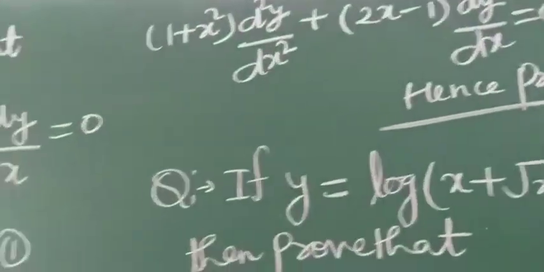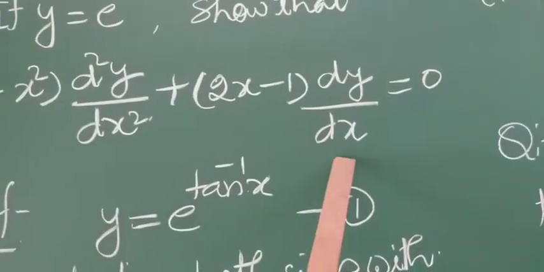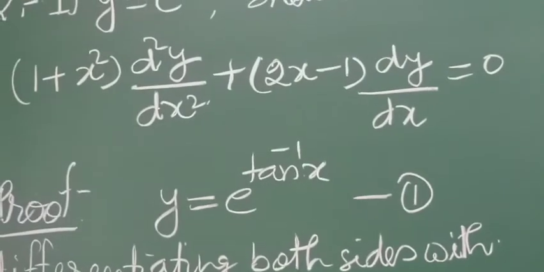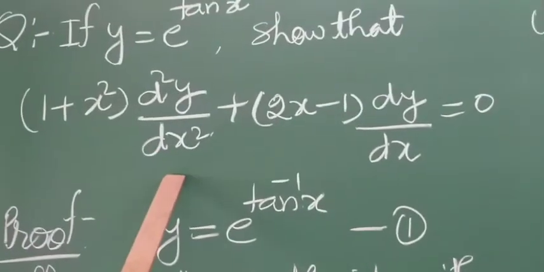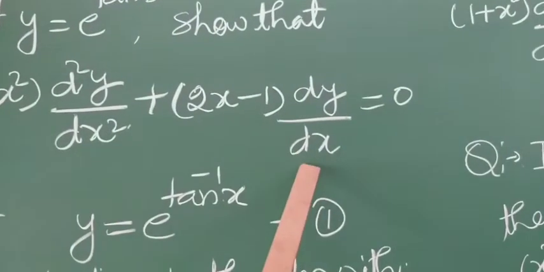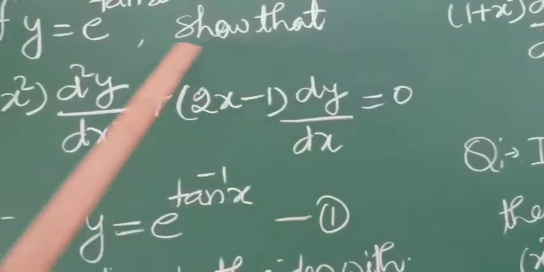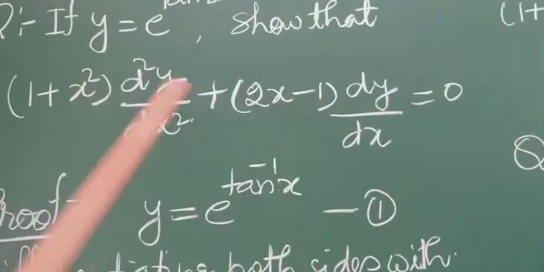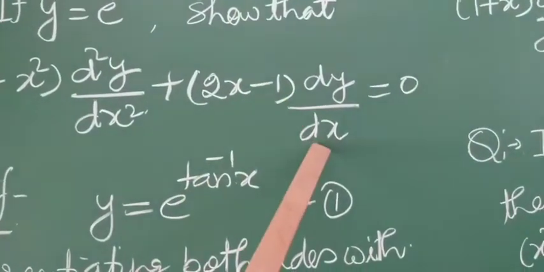Students, suppose you are facing difficulty to prove this directly, you will do one thing more. Find out d square y upon dx square, the second order derivative, as well as dy by dx also. Then you will take its LHS and put the value of d square y upon dx square and dy by dx.